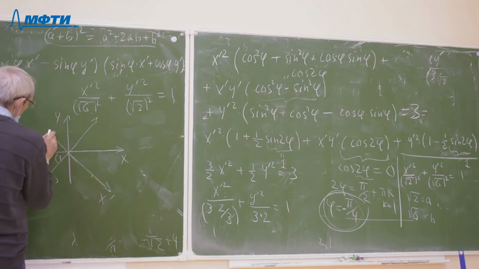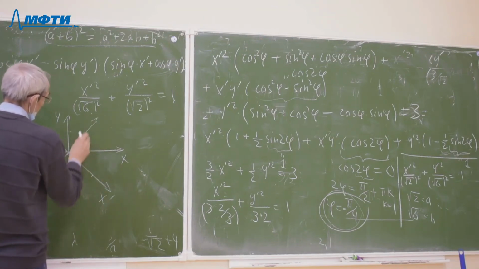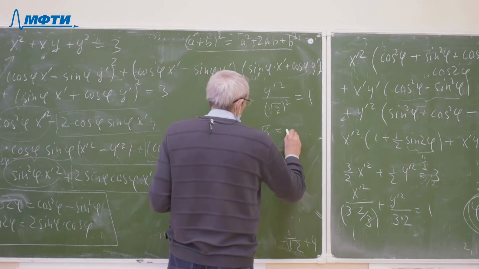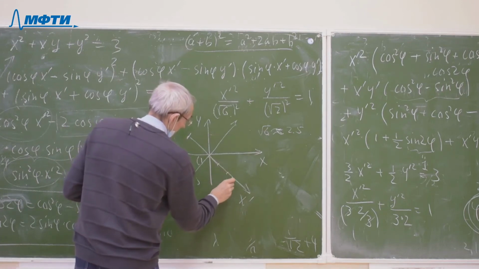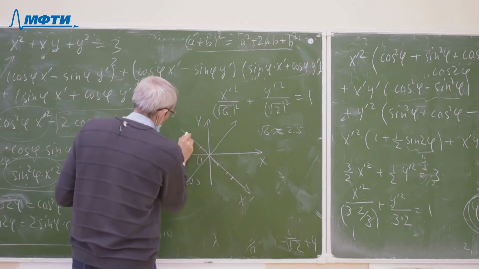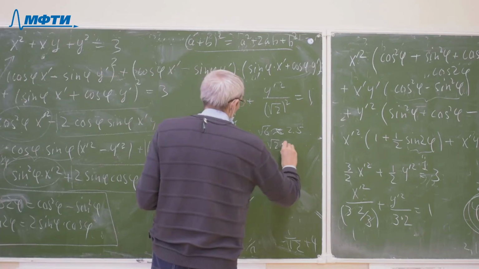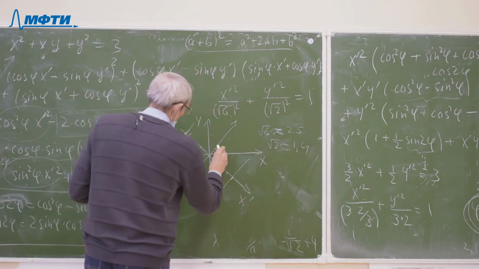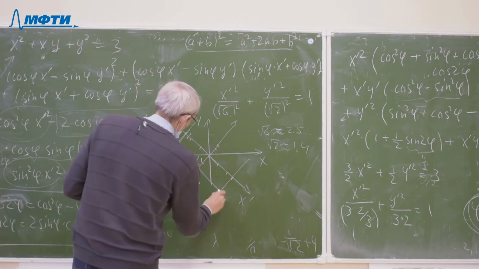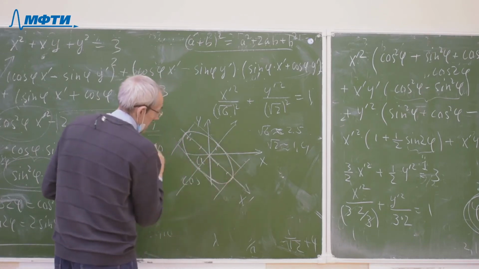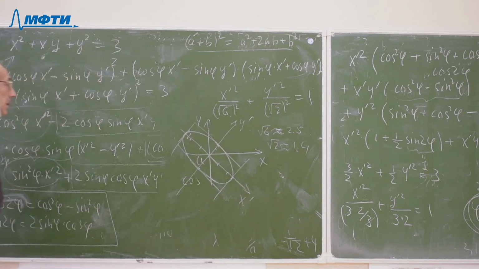And in this new coordinate system, we obtain root 6, and we have such an equation for the ellipse.